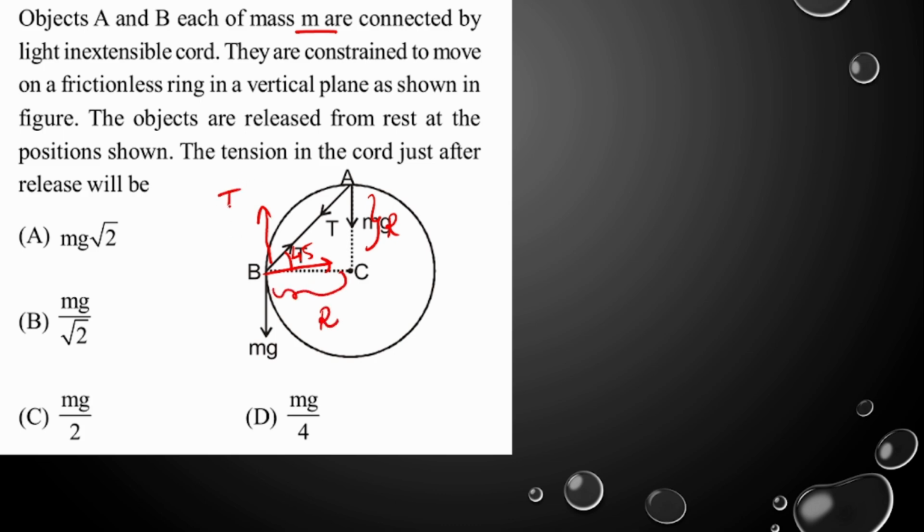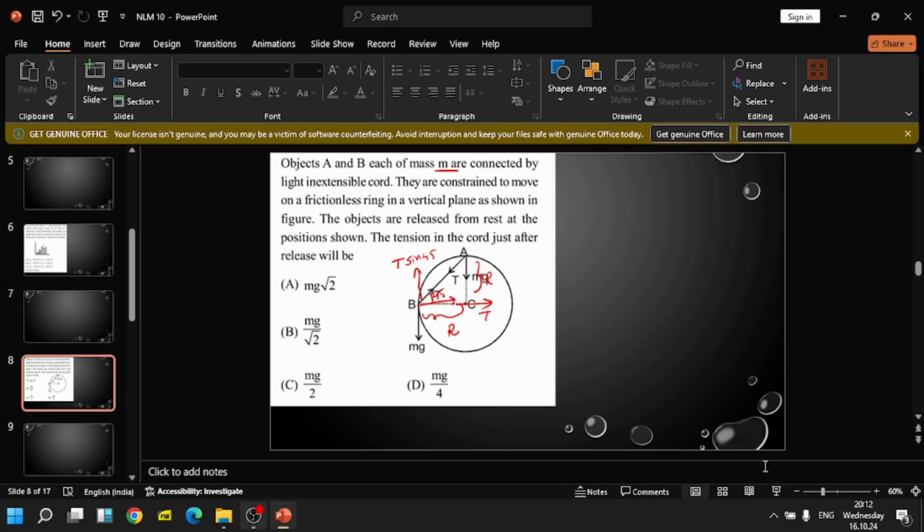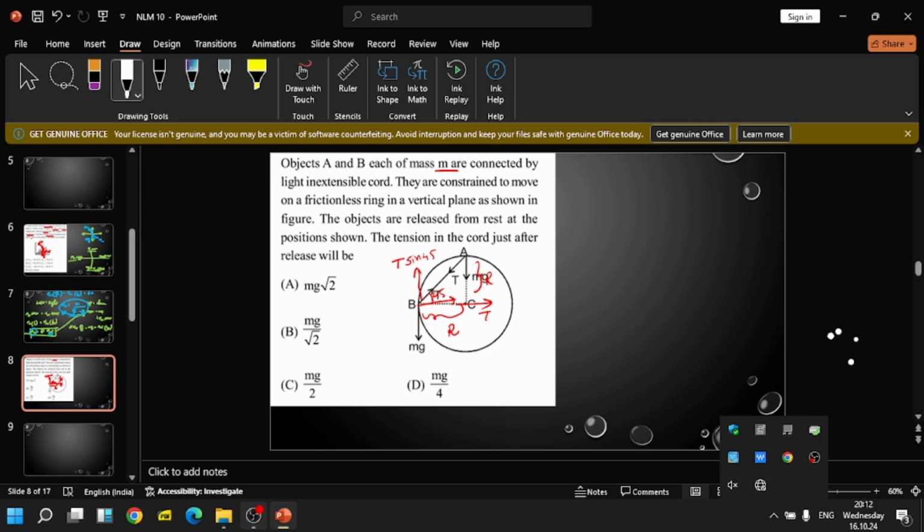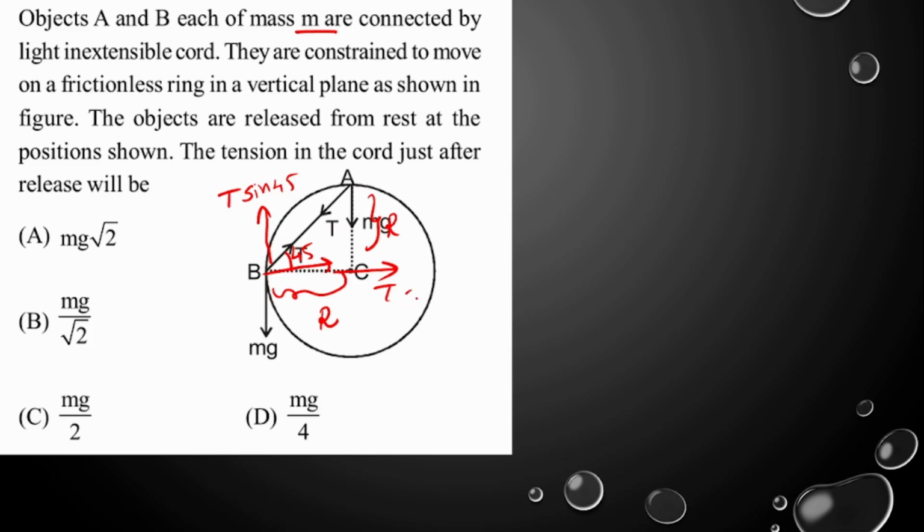So this is T sin 45, and this is T cos 45.